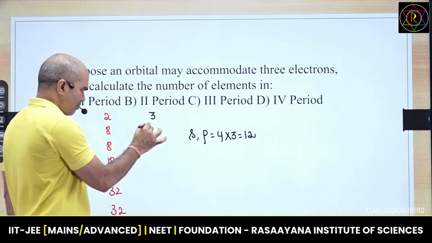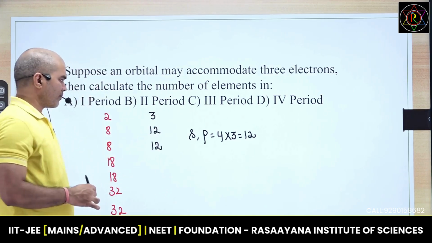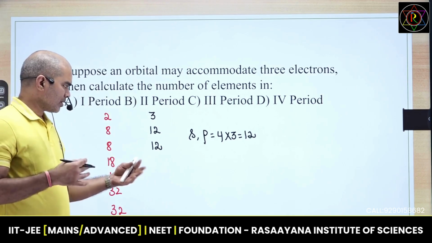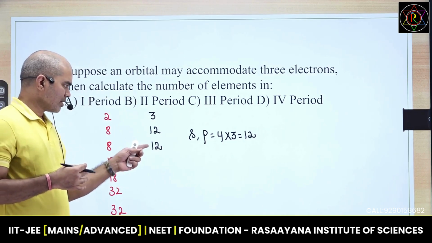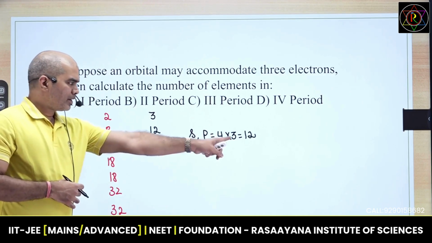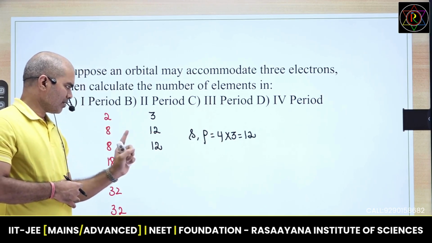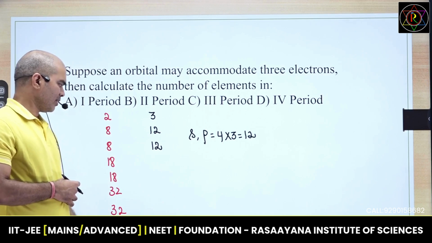It means the second period and third period will accommodate 12 elements, because these are accommodating 3 electrons per orbital. Therefore 12 elements will be there in the second period and third period instead of 8 elements.